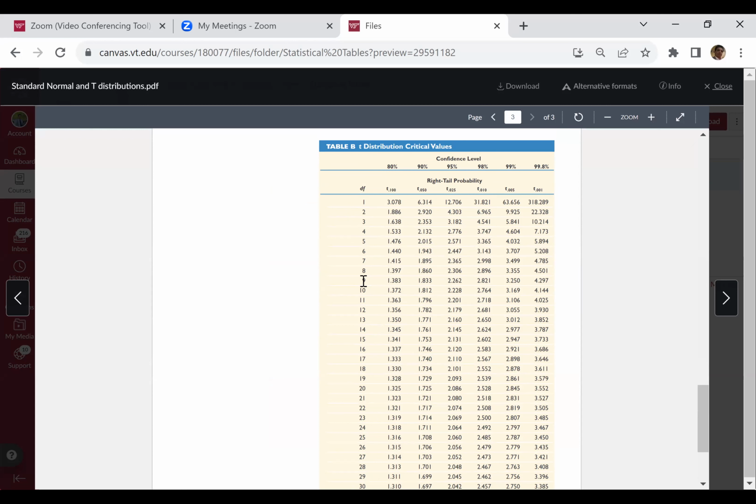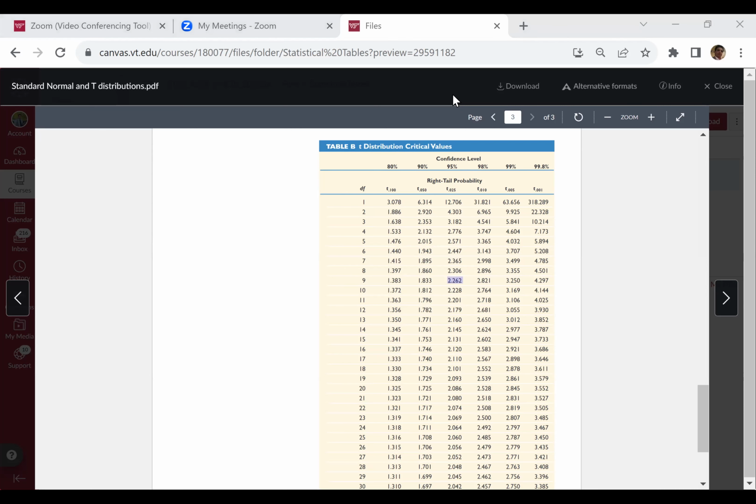My degrees of freedom is 9, and alpha over 2 is 0.025. So the intersection is 2.262. This is the t value. Now you have everything in the confidence interval. Plug in all these values and you get the lower limit and upper limit of the confidence interval for mu1 minus mu2.